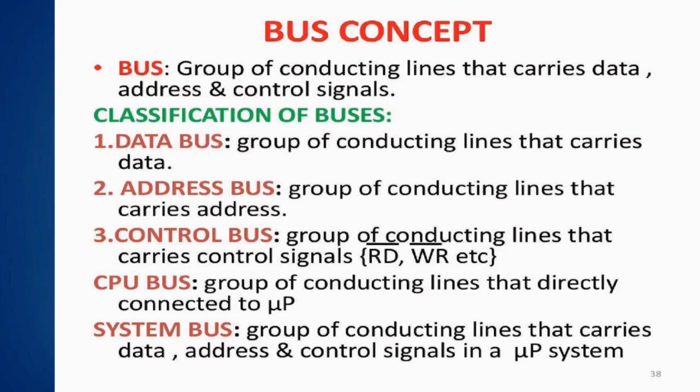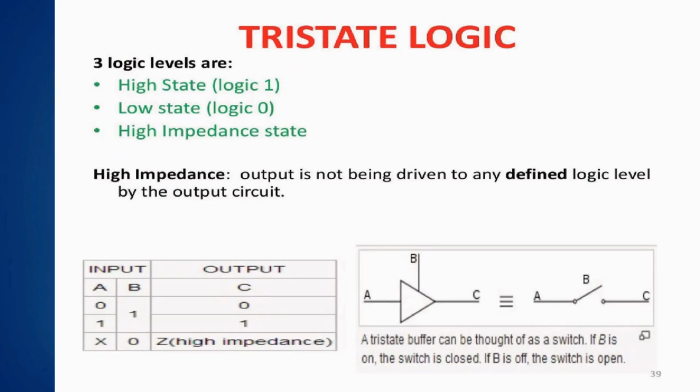So these are some of the fundamental basic concepts from the basics of digital electronic circuits, integrated circuits as well as electronic devices and circuits. The next very important term is tri-state logic. There are three logical levels in your microprocessor. One is the high state, another is the low state, and another is the high impedance state. A high state is logically 1.